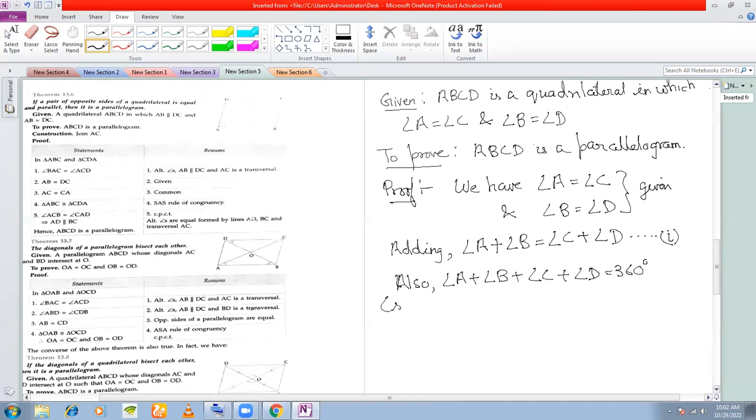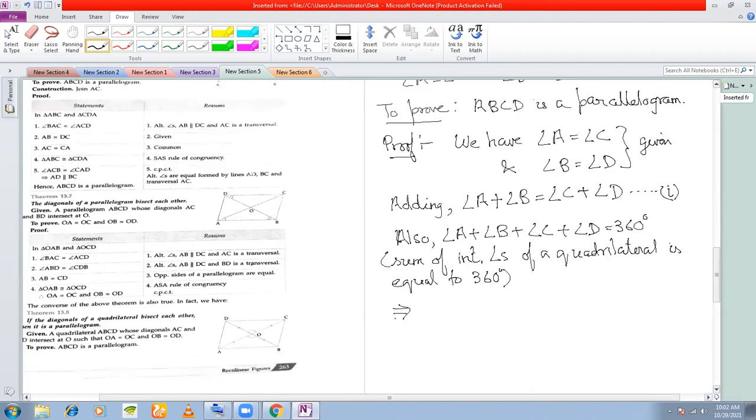And what is the reason here? Sum of interior angles of a quadrilateral is equal to 360 degrees. Okay.